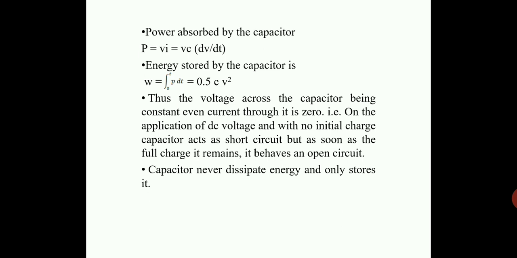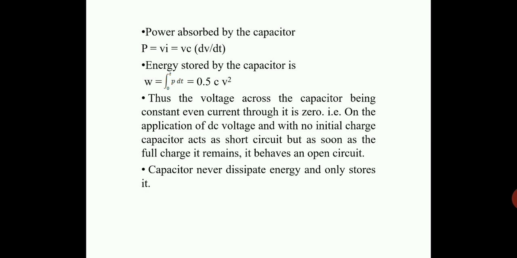Energy stored by the capacitor is W is equal to integration of power with respect to time over the time period 0 to t. By putting the formula for power and integrating it over the time period 0 to t, you get energy stored by the capacitor is half CV square. Thus, the voltage across the capacitor being constant, current through it is 0.